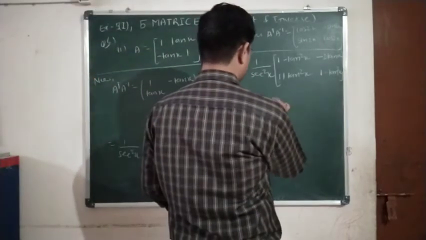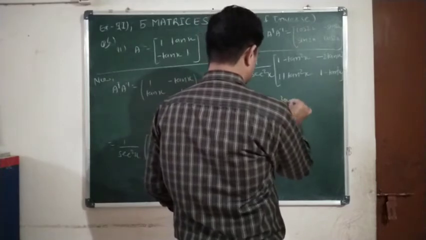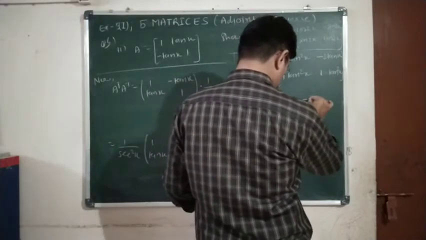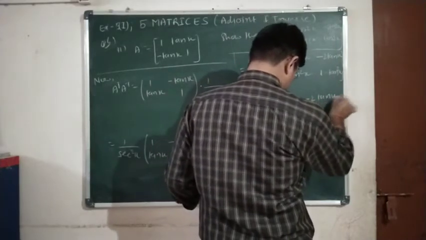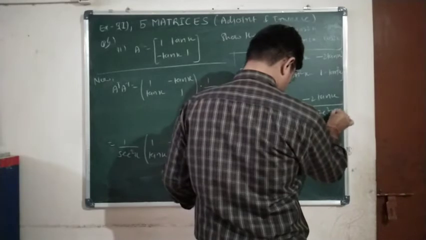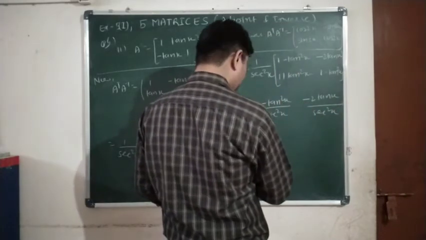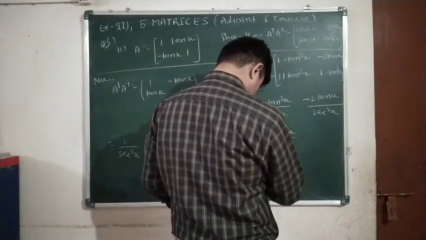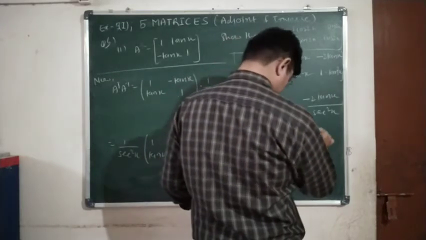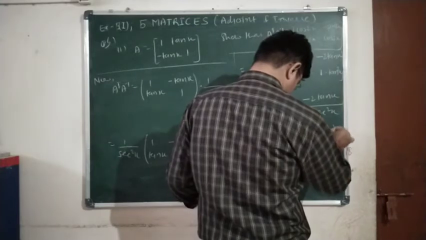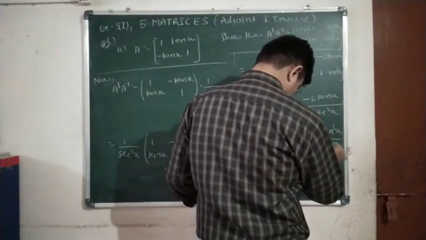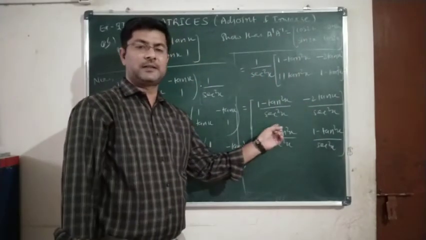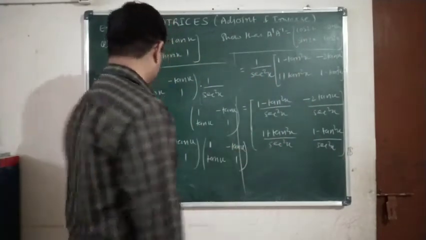Yes, so now we have 1 minus tan square x upon sec square x, minus 2 tan x upon sec square x, 1 plus tan square x upon sec square x, and 1 minus tan square x upon sec square x. Okay, now we know that sec square x can be written as 1 plus tan square x. So let us write down one more step.